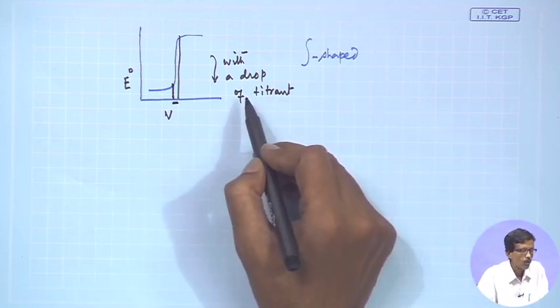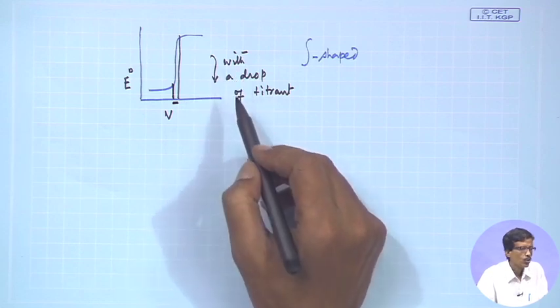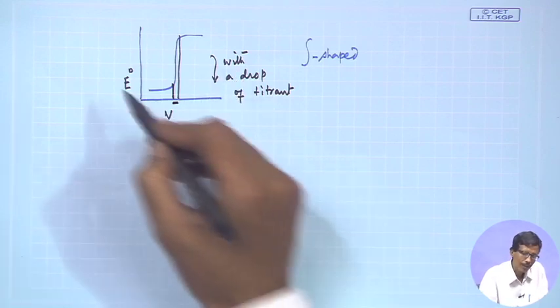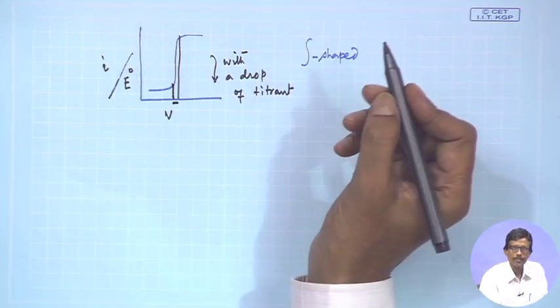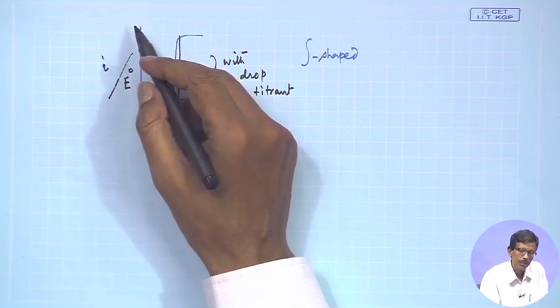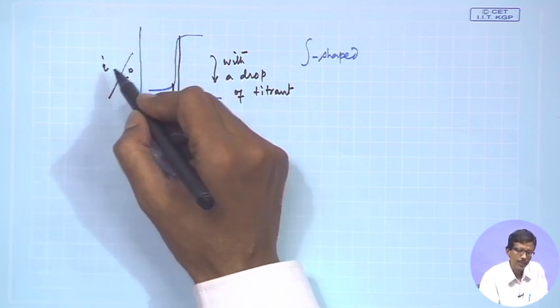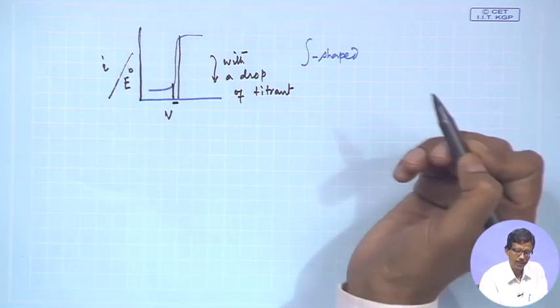So, this particular one will also give you the idea that you have a sudden change. So, now we are talking in terms of sudden increase in current I. It can be in any unit, it can be milliampere, microampere or nanoampere, but we should be able to plot it.